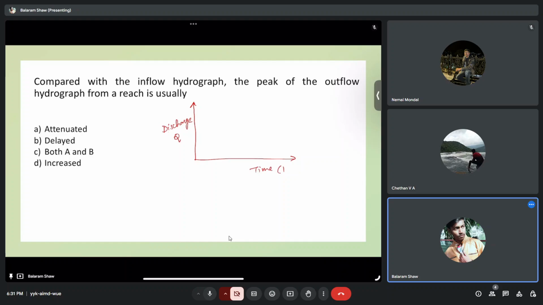So what is the main difference between lumped and distributed system routing? The main difference is that in a lumped system model, the flow is calculated as a function of time alone, at a particular location.